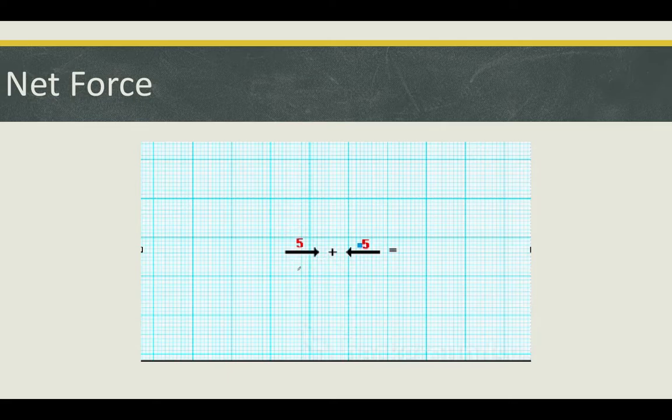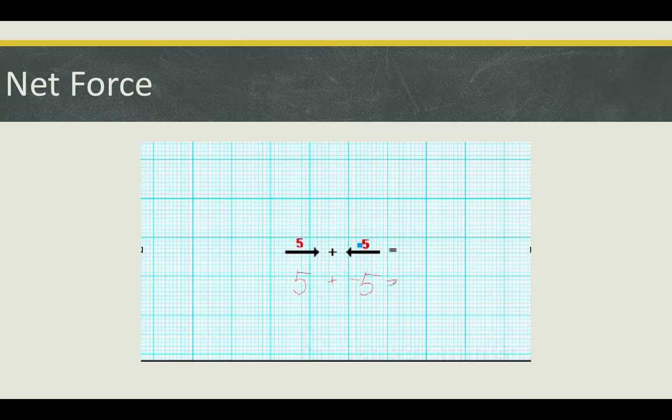So if an object is pointing to the right, it will have a positive value. It will have a value, in this case, of 5 newtons, positive 5 newtons. However, if an object is pointing to the left in the negative direction, we will just call that a negative number, so in this case, it will be negative 5.